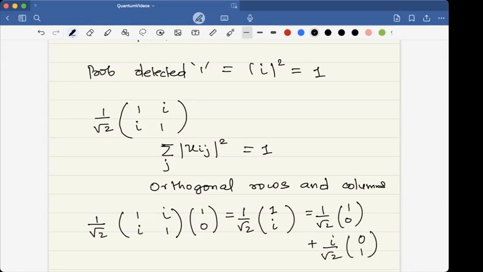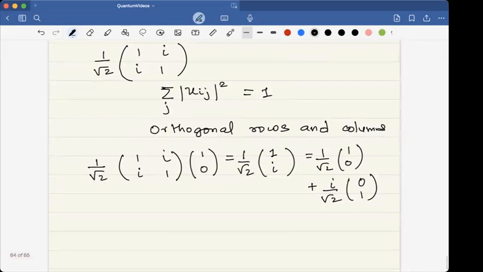So if I take the amplitude mod square, detecting at detector 0 is 1 over square root of 2 mod squared, which is 1 over 2, and the probability of getting detected at detector 1 is I over square root of 2 mod squared, which is also equal to half, right?